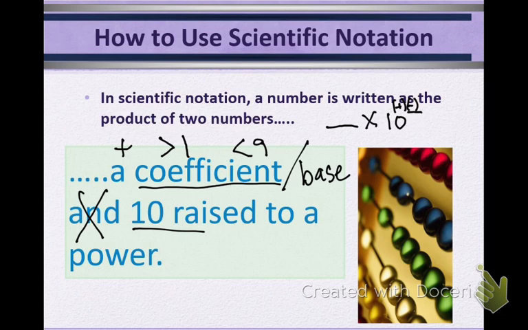Actually, let's do not 9, let's do 10. But less than 10, so 9.99999, that's okay. It's got to be less than 10. Greater than 1, less than 10. And this is the basics before we get into some examples. And if it doesn't make sense yet, once we do those examples, hopefully it does, okay?